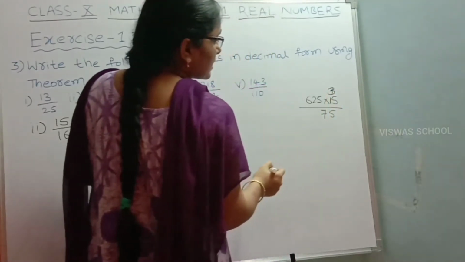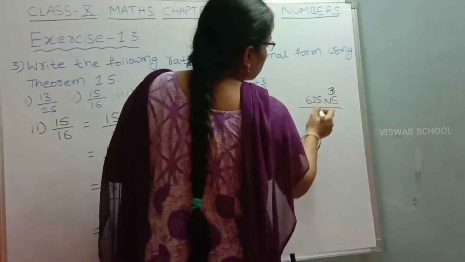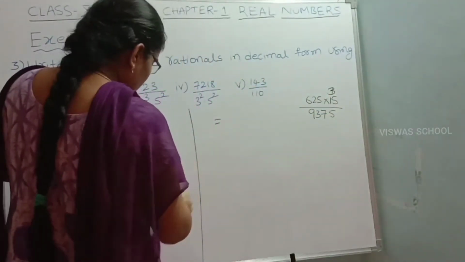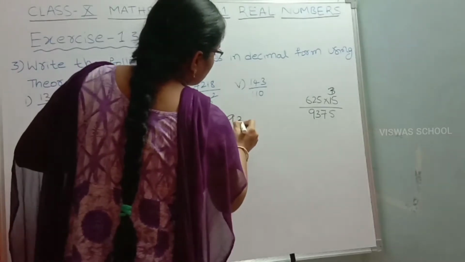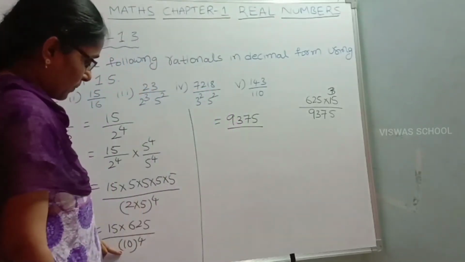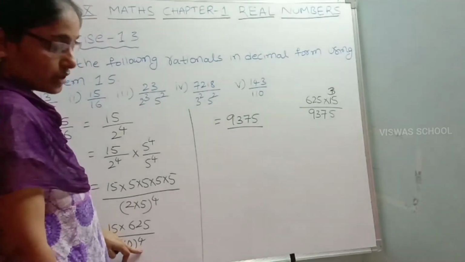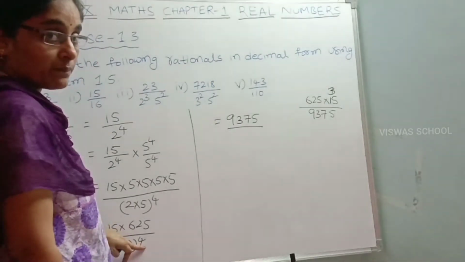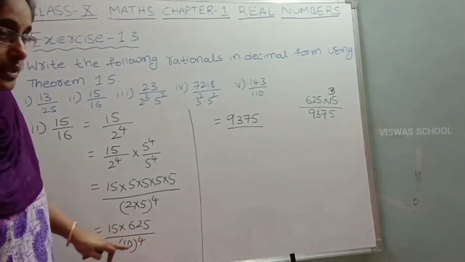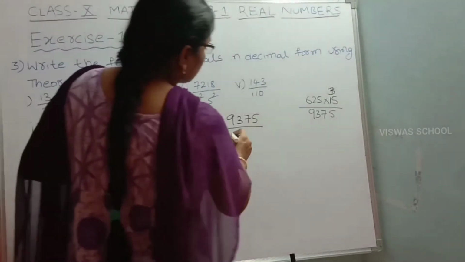Now 15 6s are 90, 90 plus 3 equals 93. Now it is equal to 9375 by, the denominator part, 10 power 4. 10 power 4 means 10 tens are 100, 100 tens are 1000, 1000 tens are 10,000.